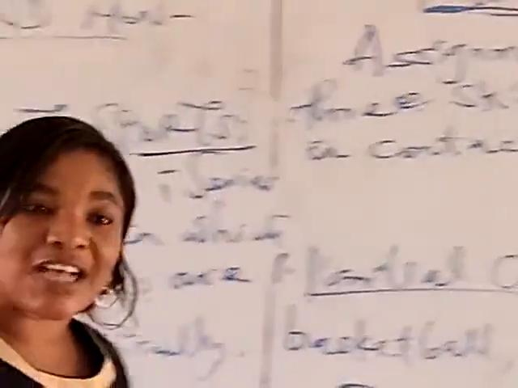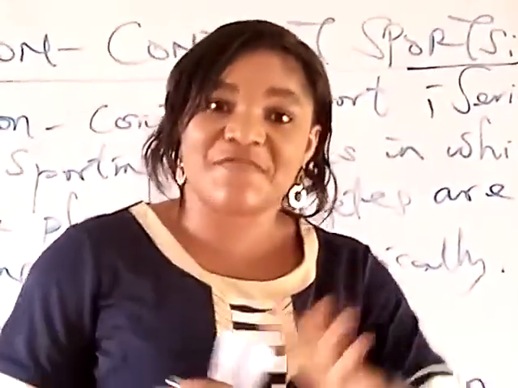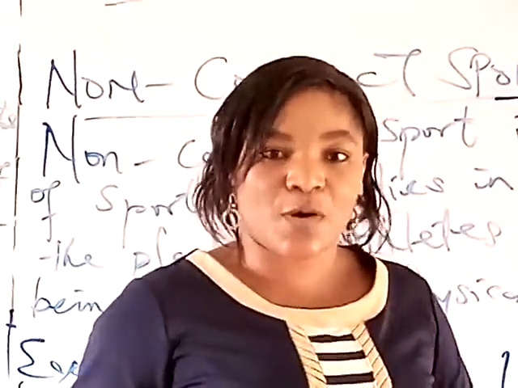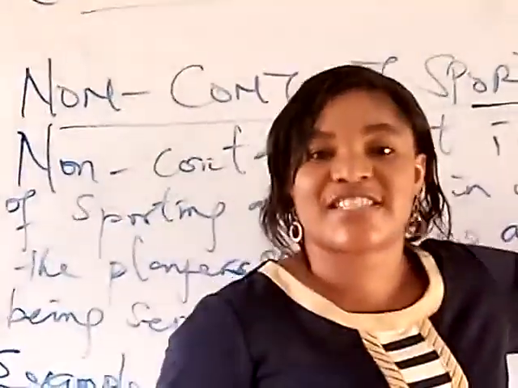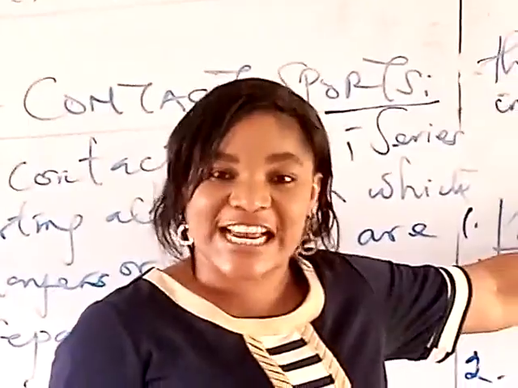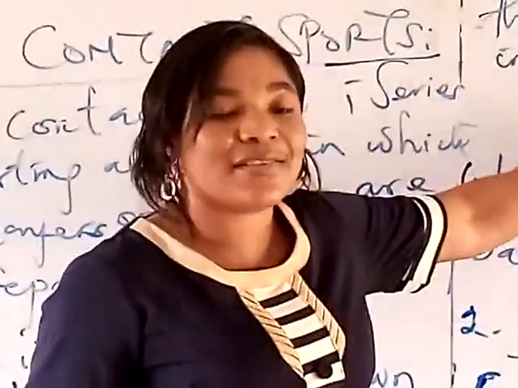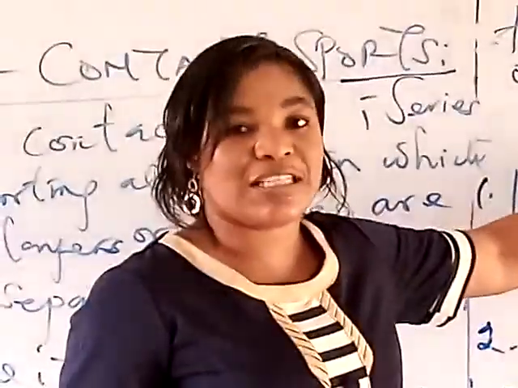I'm going to talk about the contact sports and various examples, that is different sporting activities that we can regard as contact sport. Now you're going to give me 3 major skills or techniques that can be referred to as skills or techniques in contact sports.